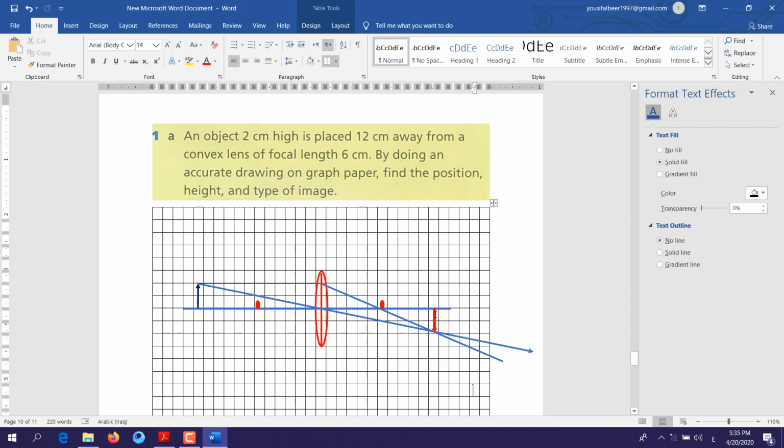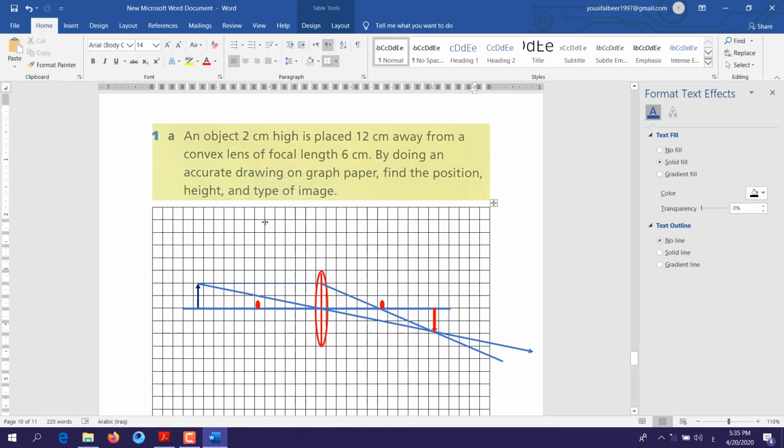So the position is 12 centimeters away from the center of the lens, and the height of it, how many squares? Here it's 2, so it's the same as the object, also 2 centimeters.